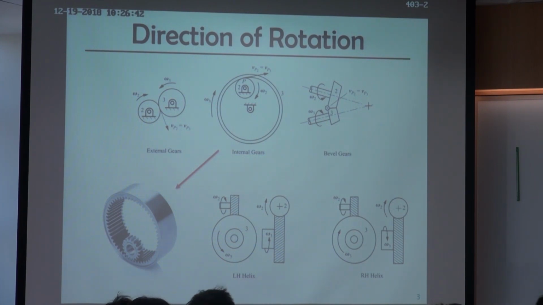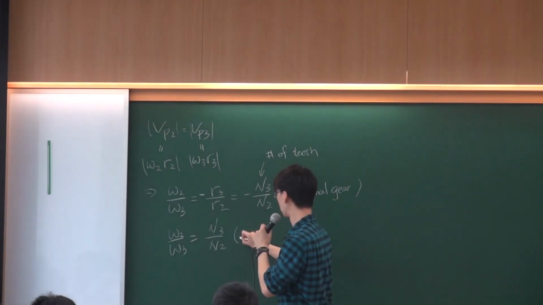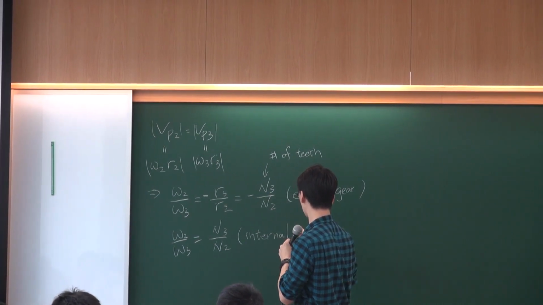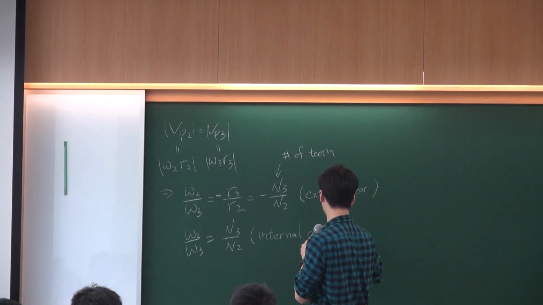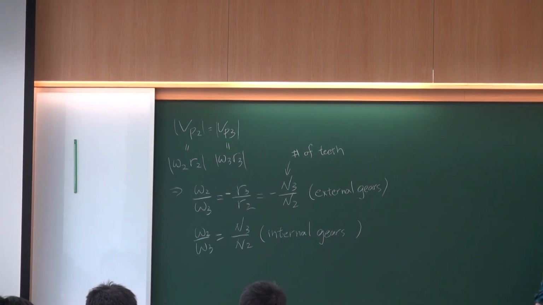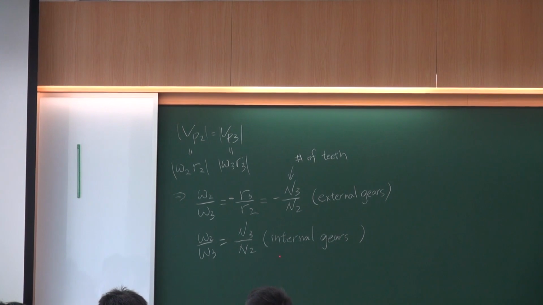So for the internal gear, omega 2 over omega 3, because they rotate in the same direction, we don't put a negative sign in front of it.